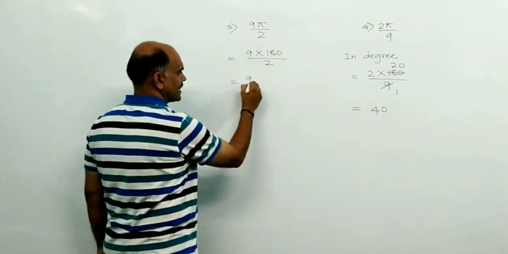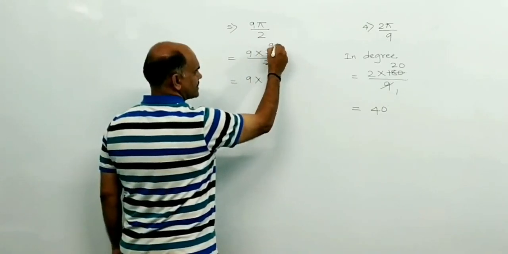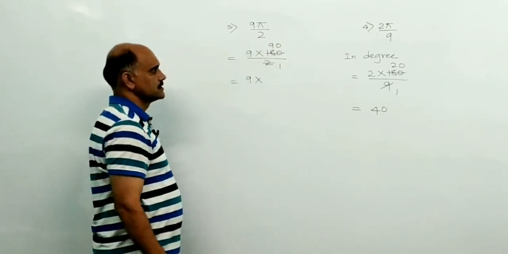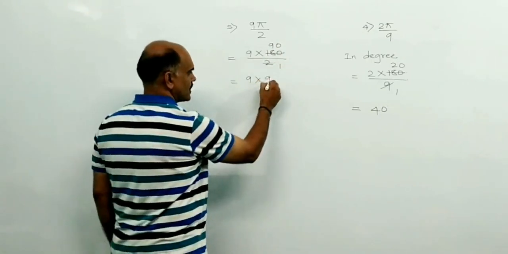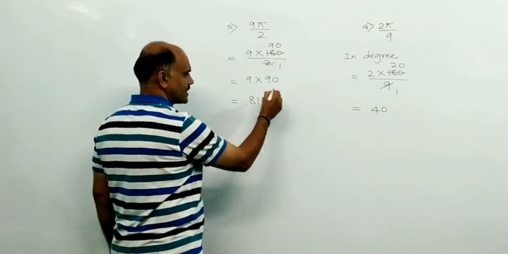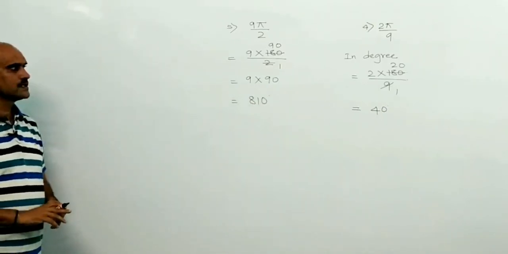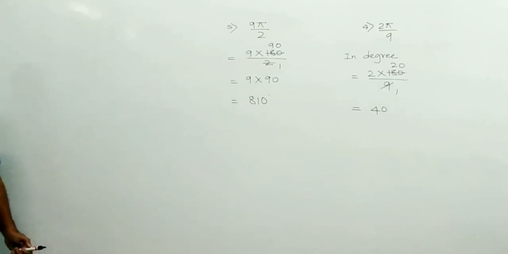So you will have 9 into 90, since 2 9s are 18, 0. 9 nines are 81, so 810 degree. Clear, students?